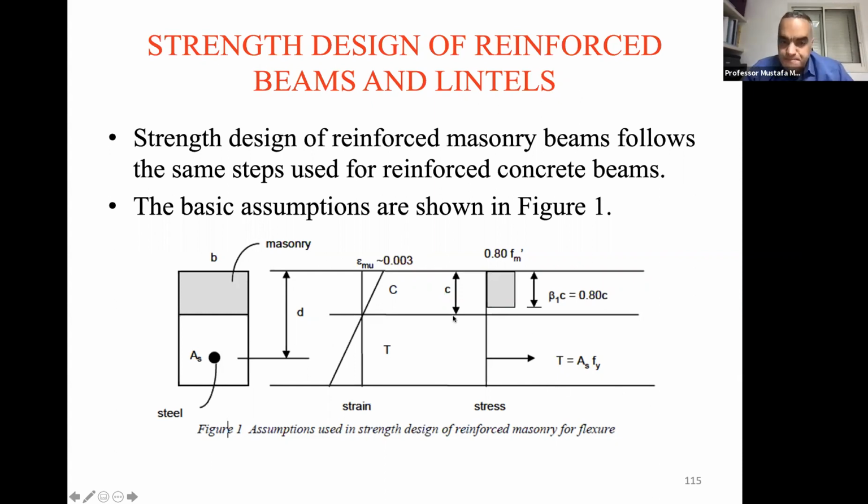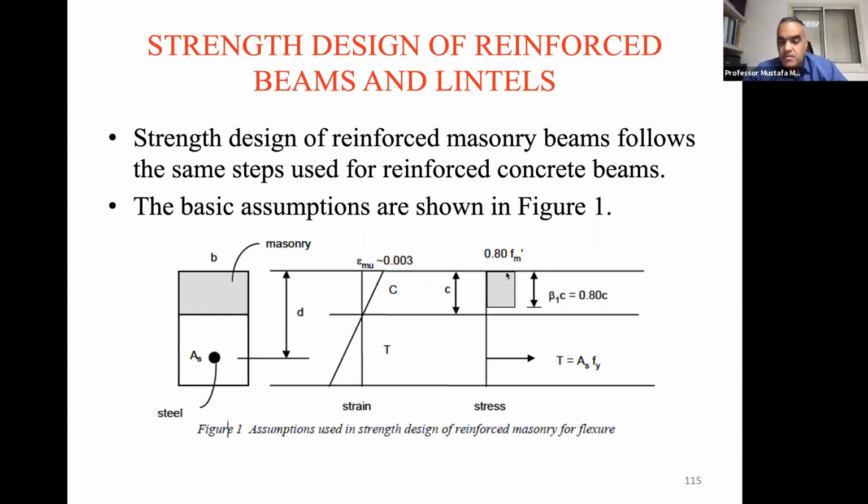So we have epsilon sub mu, the ultimate compressive strain in the masonry. This is equal to 0.003, which is similar to concrete, but we use something else for masonry, as we will see.